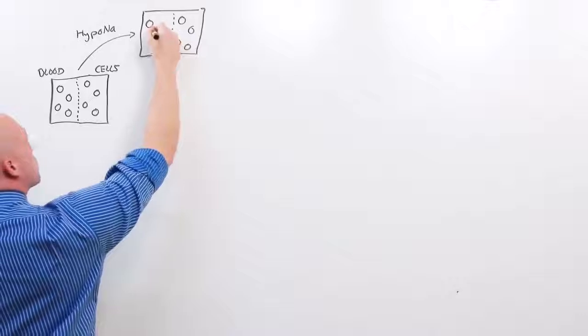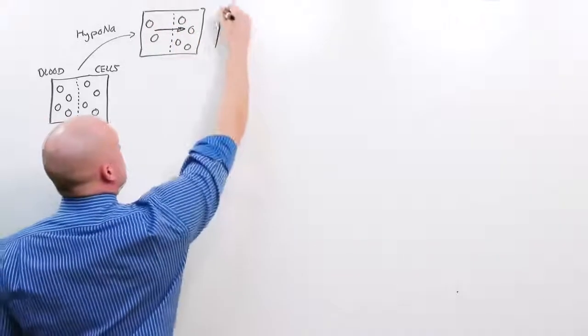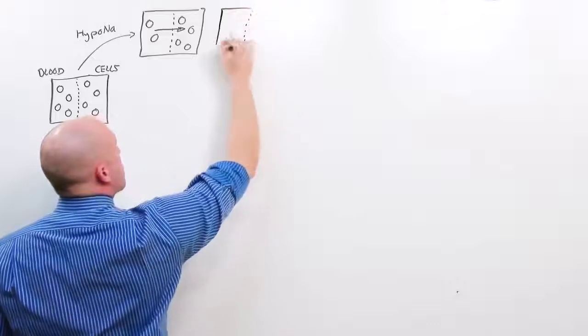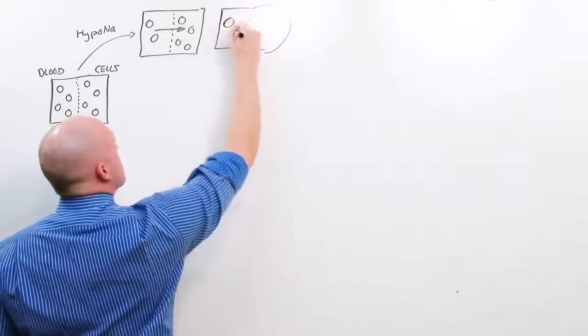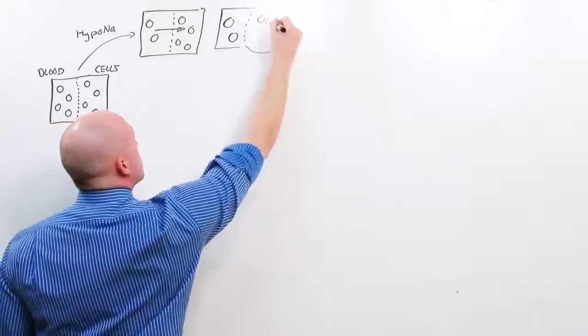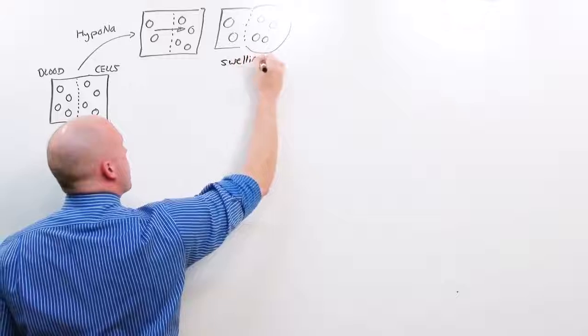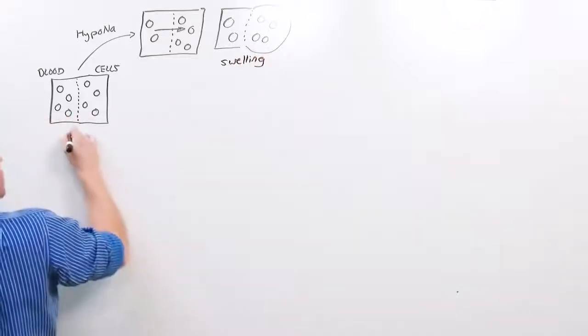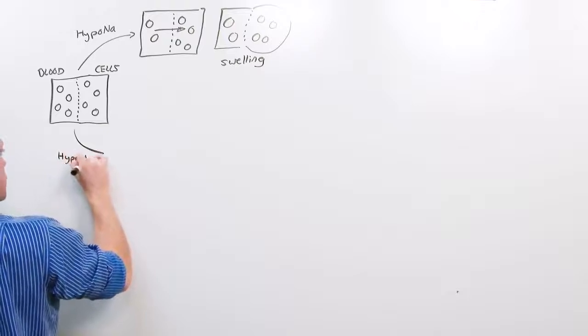So in this case, water is going to flow into the cells. This causes swelling, and it does this in an attempt to balance out the tonicity. Swelling is bad.